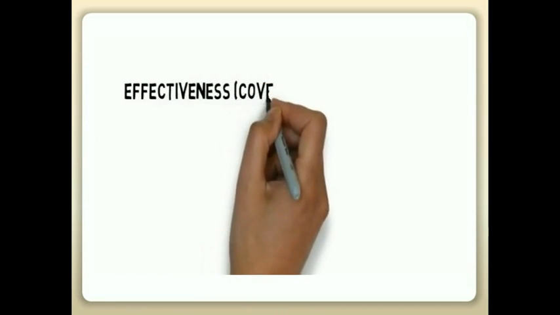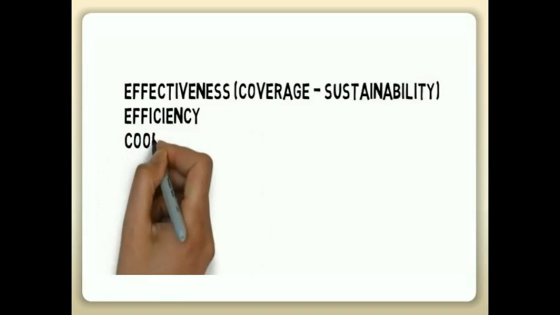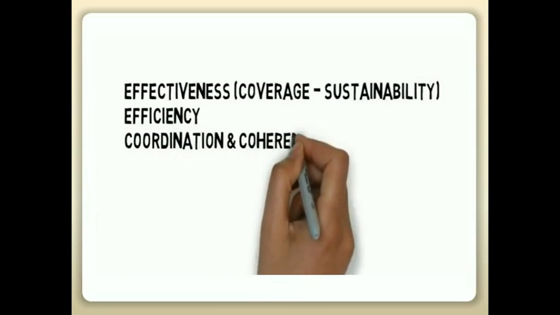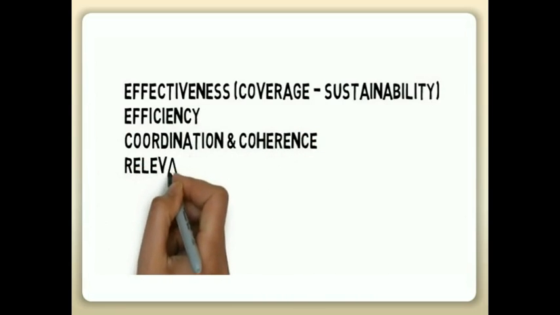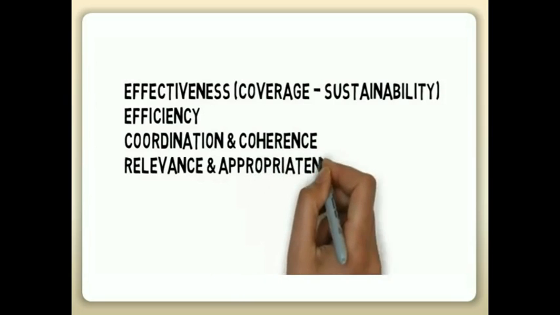Let's see what can be evaluated: effectiveness, including coverage and sustainability; efficiency, coordination and coherence; relevance and appropriateness; and equity. In emergency preparedness, we could evaluate the effectiveness of a risk communication campaign or sheltering operations.